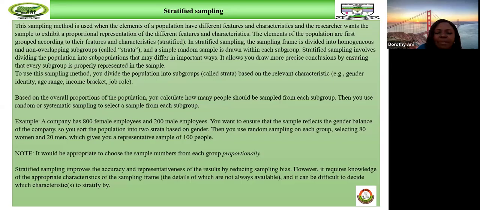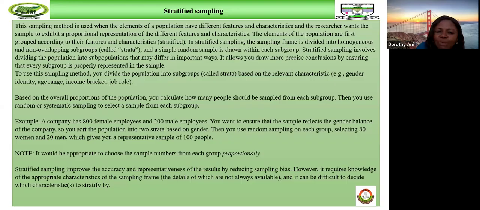Okay, stratified sampling involves dividing the population into subpopulations that may differ in important ways. It allows you to draw more precise conclusions by ensuring that every subgroup is properly represented in the sample.